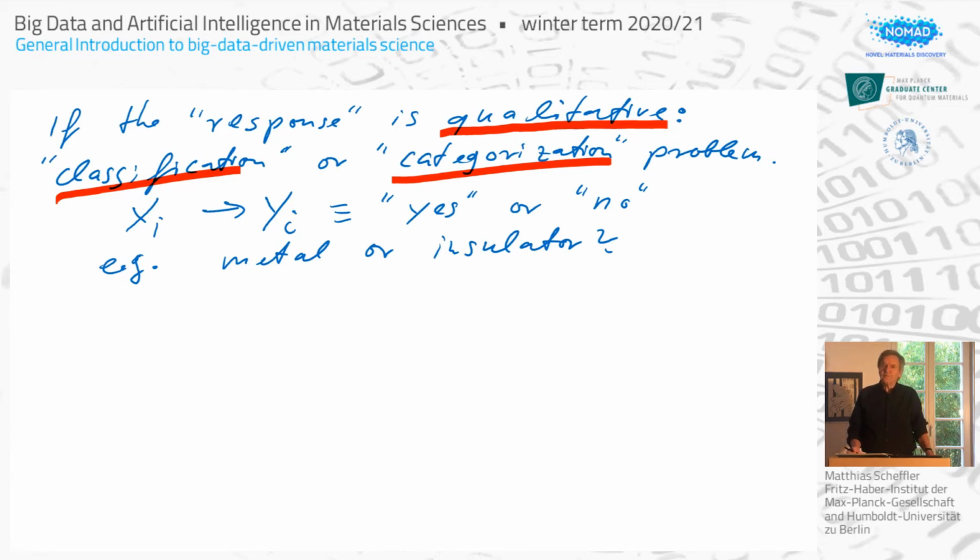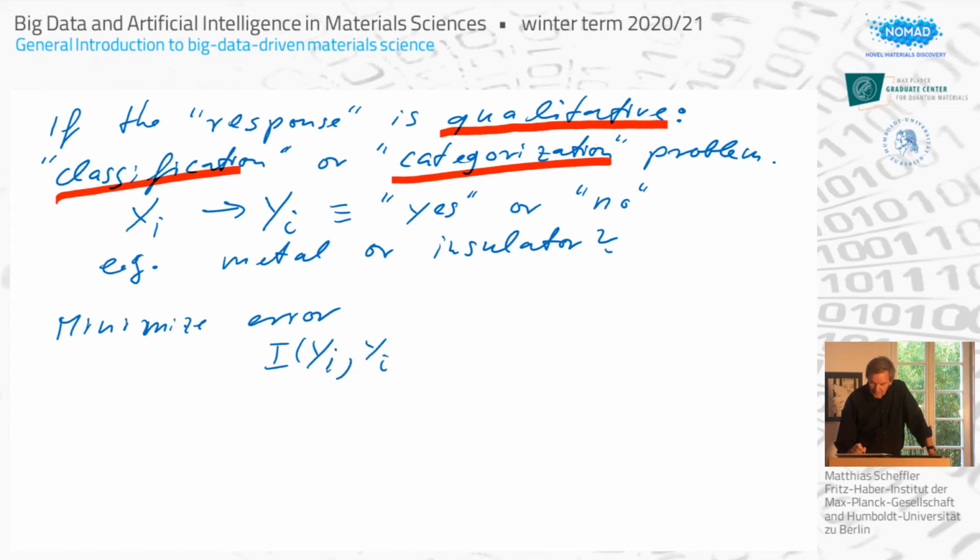Now, to determine this f hat function, which we still have to do, we again have to minimize some error. Now the error has to be defined somewhat differently than before, and we define a function I of yi and yi hat in the following way.